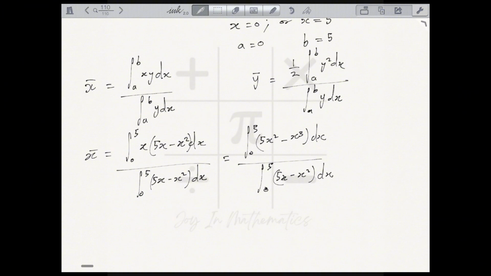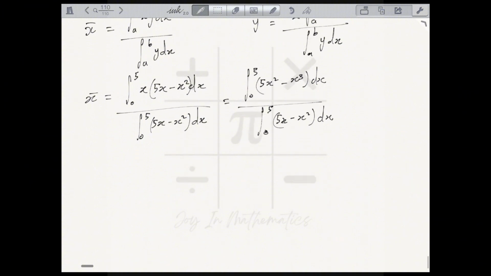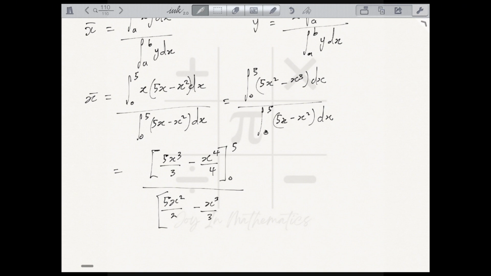So let's begin with the numerator. Integrating it, we will have 5x raised to power 3 divided by 3 minus x raised to power 4 over 4 from 0 to 5, and the denominator, when we integrate it, we will have 5x squared over 2 minus x raised to power 3 over 3, likewise from 0 to 5.